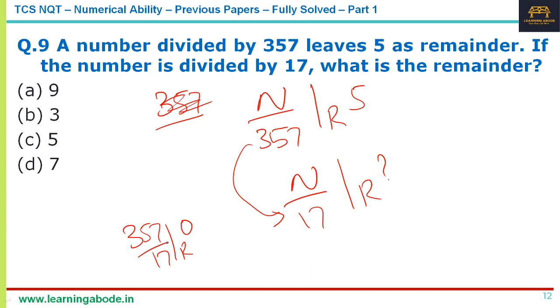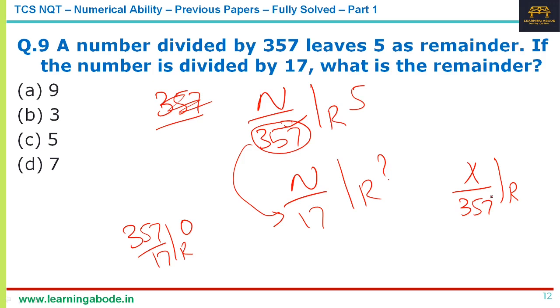So when a number is divisible by 357, it is divisible by all the factors or all the divisors of 357. Of course here n is not divisible, but suppose we have a number x. If x is divisible by 357, it is divisible by all the divisors of 357. Not just 357, any number.